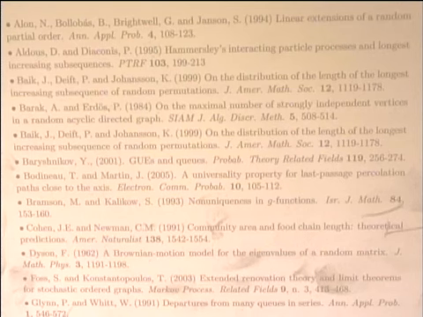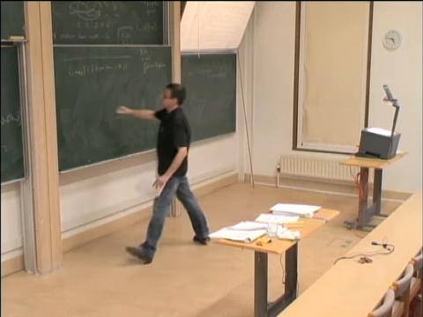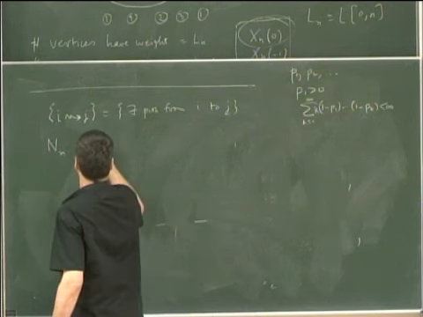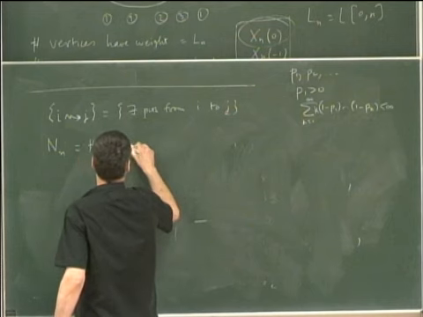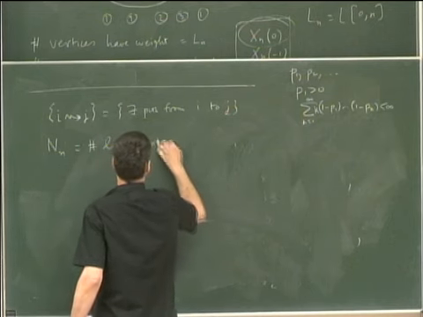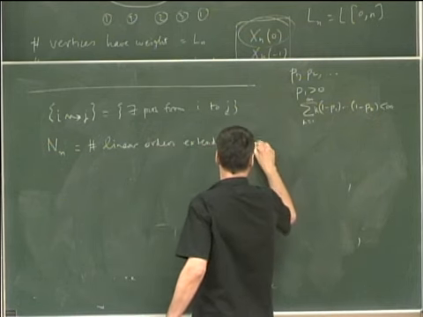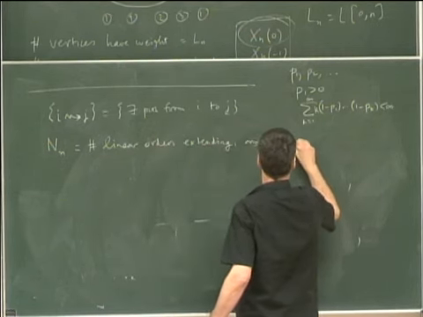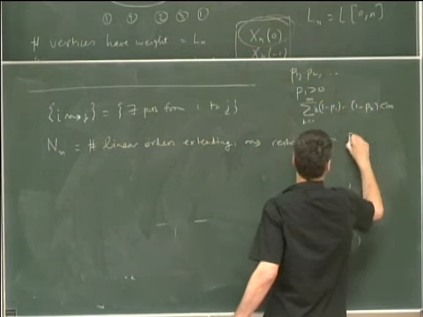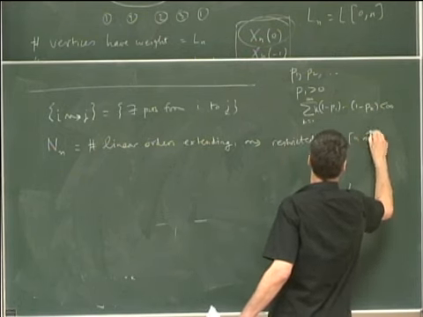How many? They found that the number of linear orders extending this partial order restricted on 0, n, okay?